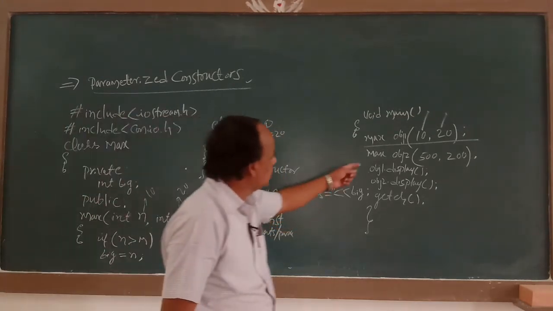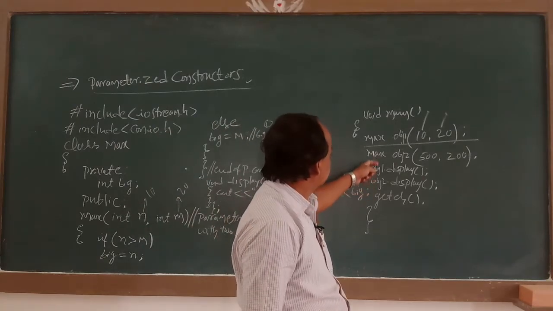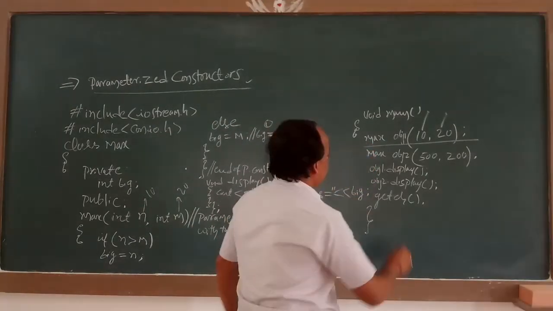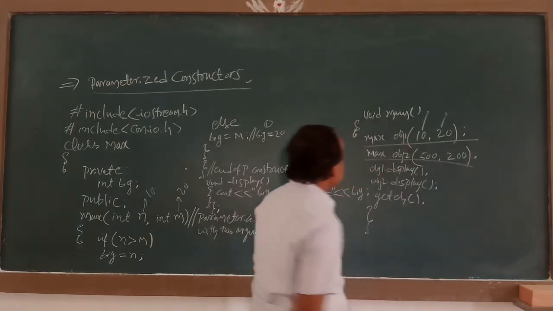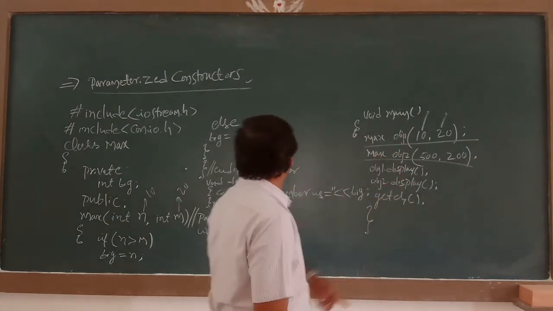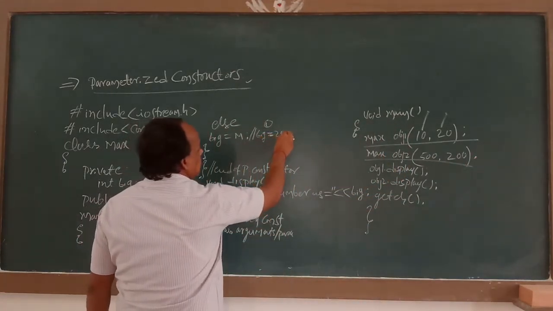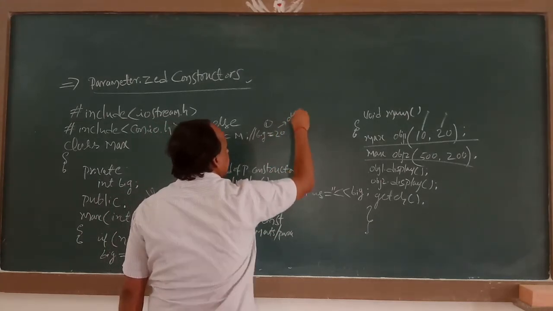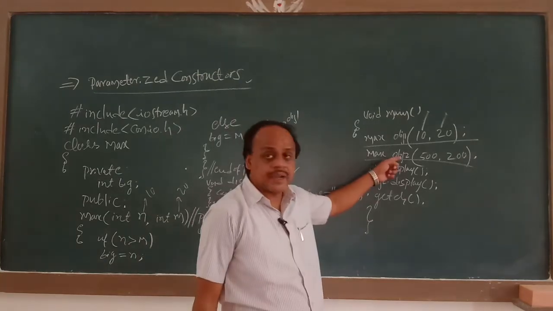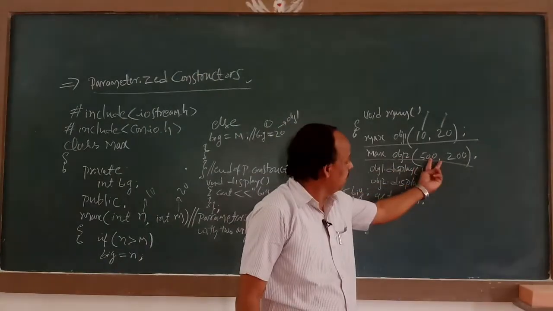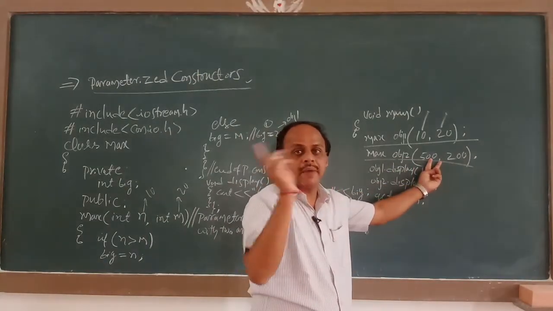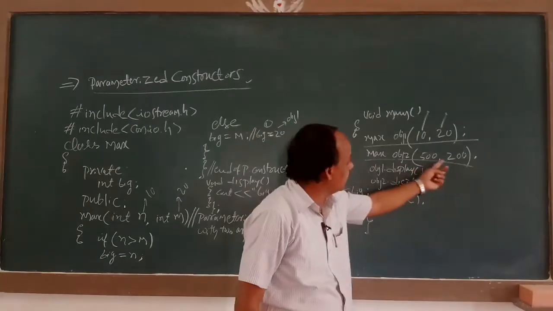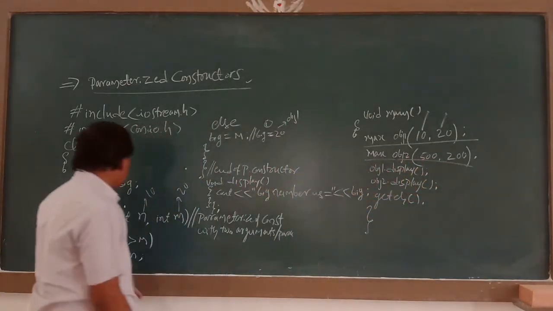And afterwards it comes here, right? In the second object declaration, what happens? This big equal to 20 is stored for object 1, right? For object 2, again two int values are passed to the parameterized constructor, that is 500 and 200.